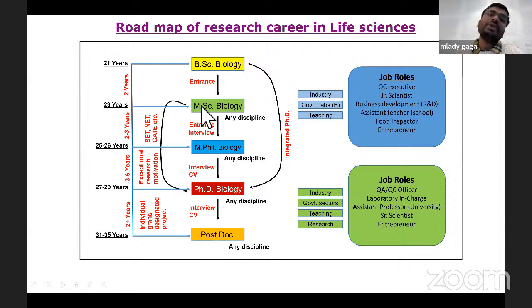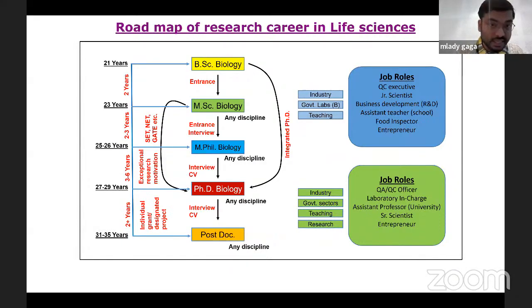You can also go from MSc directly to PhD. You need to qualify a certain exam, and you need extraordinary research motivation. As I said a few minutes back, you must know how to conduct research. If you have a proper MSc thesis, you have a better chance to join for PhD.